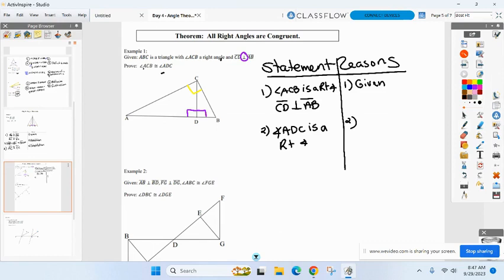Because CD is perpendicular to AB. And what do perpendicular lines do? They form right angles. This will be the reason every time we say an angle is a right angle: perpendicular lines form right angles.